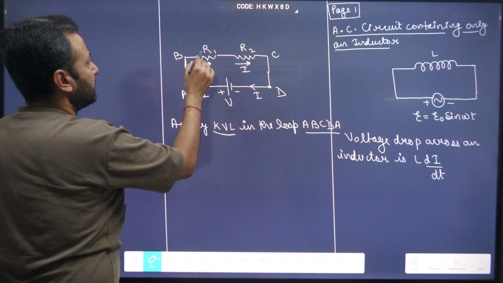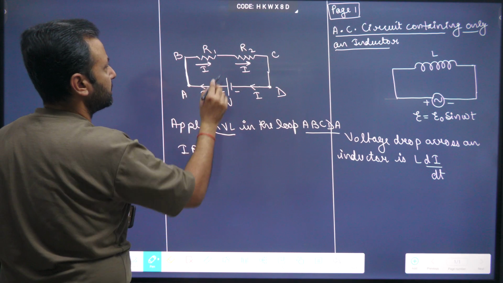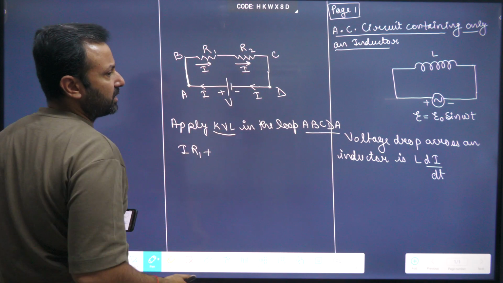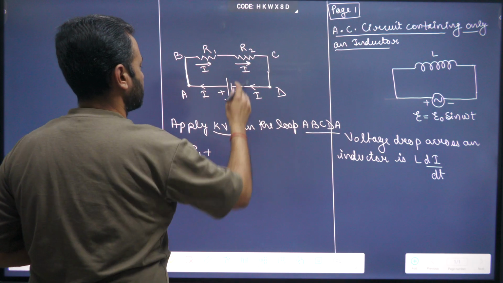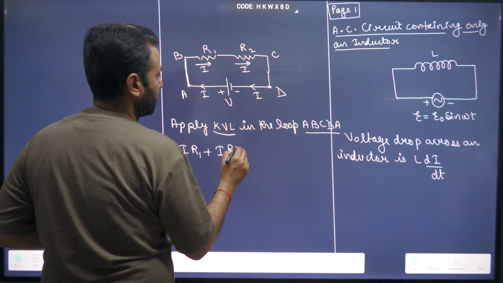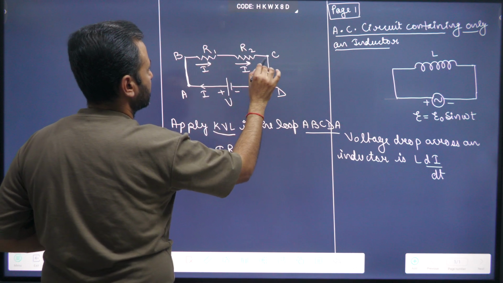So I R1 plus I into R2, because another component is there. So voltage drop in this component will be I into R2.